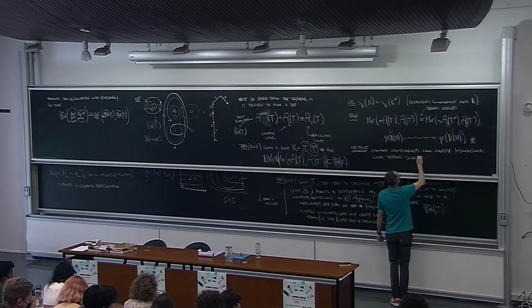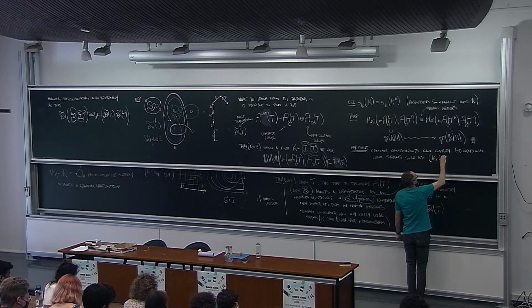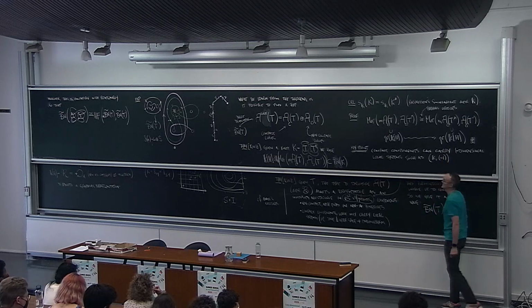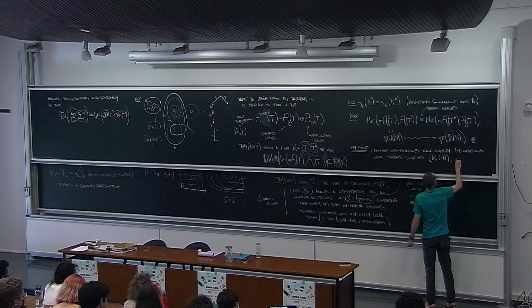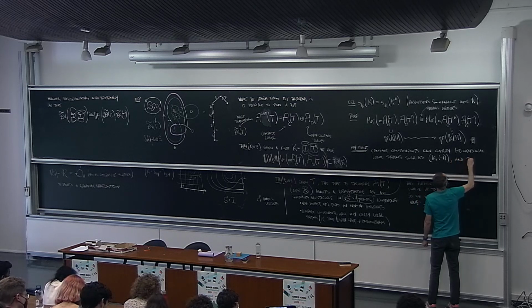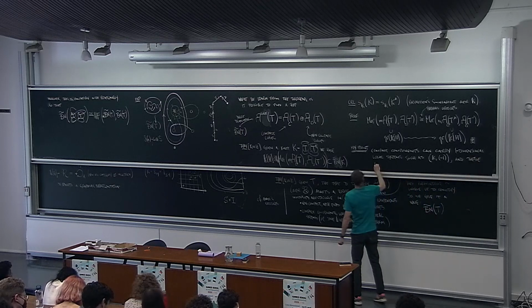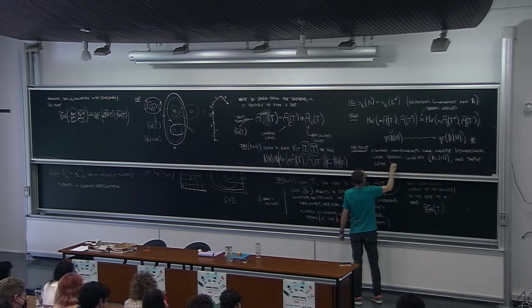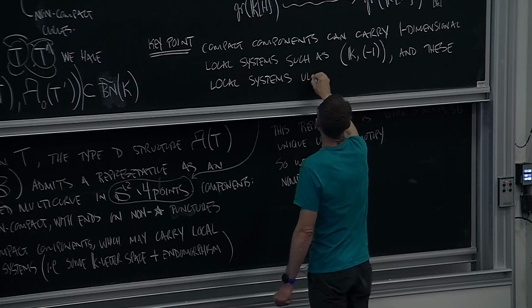For instance, maybe they carry endomorphisms that are just multiplication by 1 as you pass around the curve. And these local systems ultimately control signs.